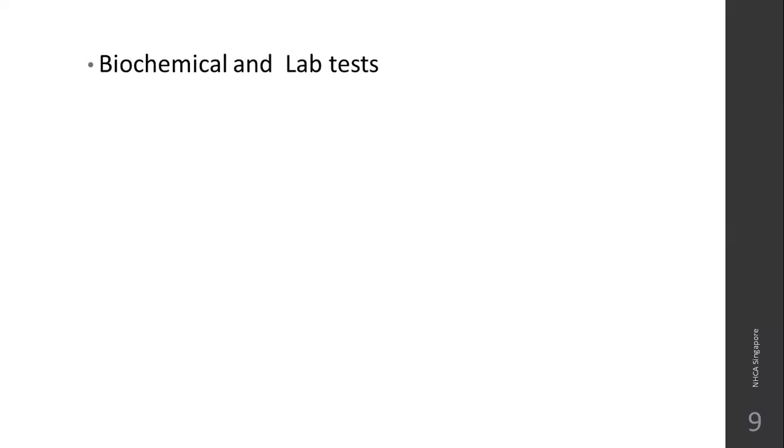Next is the biochemical and laboratory tests. These are the tests that you have to do in a child to understand if the child is undergoing any malnutrition or not. So serum protein level, albumin level, enzymes like esterase, amylase, lipase, polymerase, alkaline phosphatase, dehydrogenase. These are the enzymes you have to check.